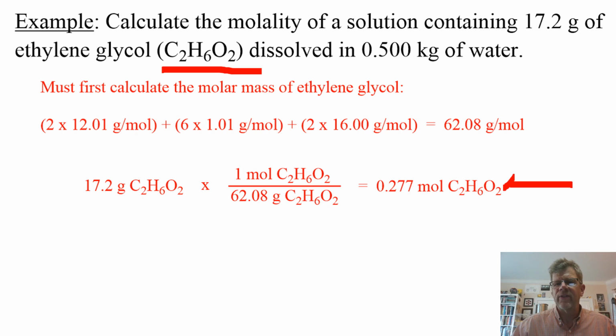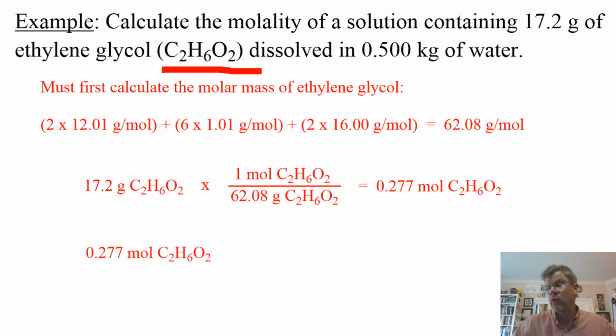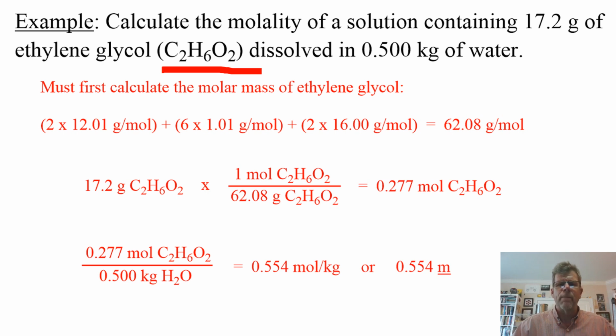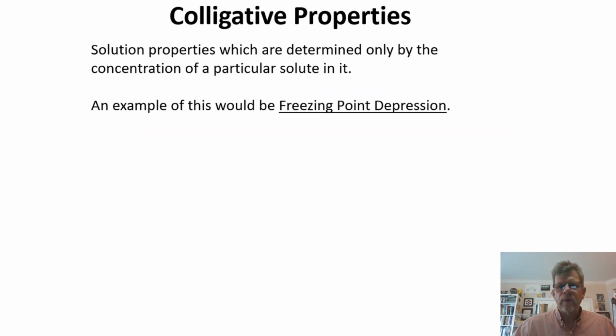This that we have here is the number of moles per 0.5 kilograms of our solvent. The way to make that into an actual molal per 1 kilogram of solvent is take that number of moles that we have and divide it by the actual mass, 0.5 kilograms of our solvent, and that would give us 0.554 moles per 1 kilogram, or 0.554 molal.